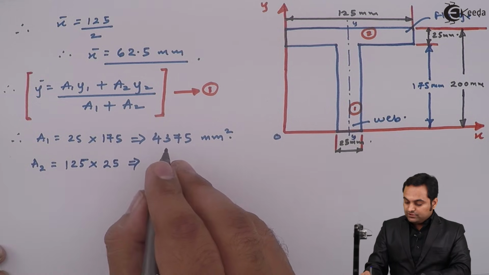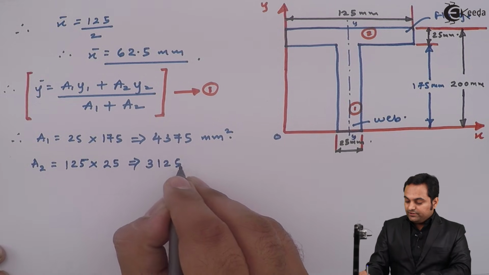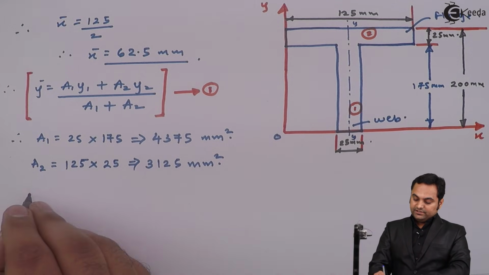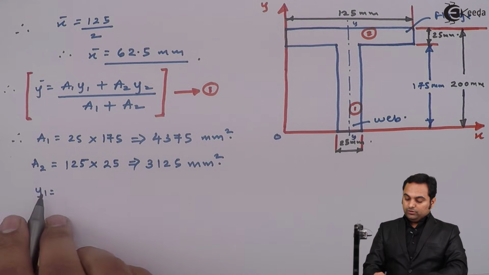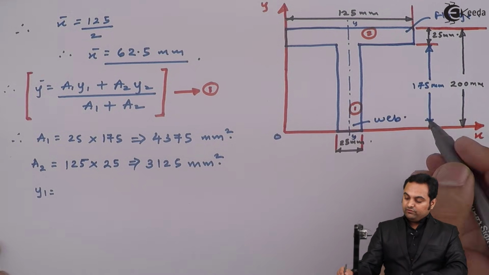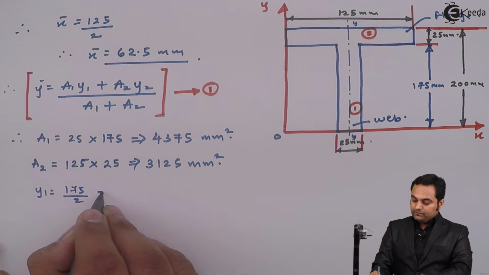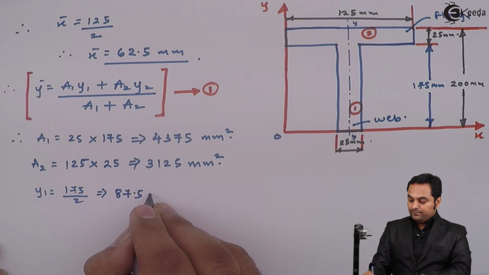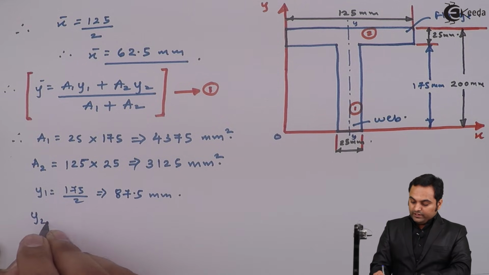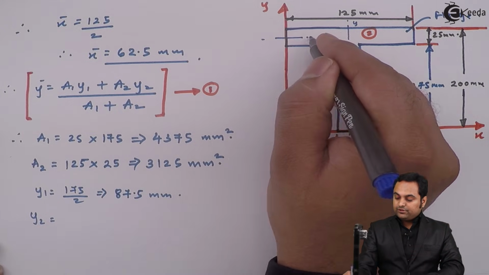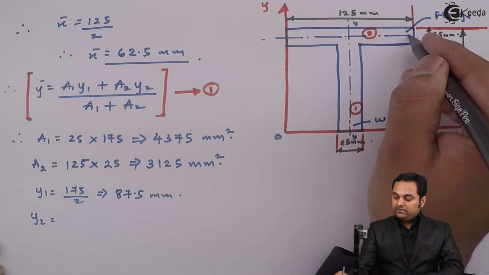So this area comes out to be 3125 mm square. Now after getting these areas, y1 is the location of centroid for the first section, so it will be at half of 175, and it is 87.5 mm.